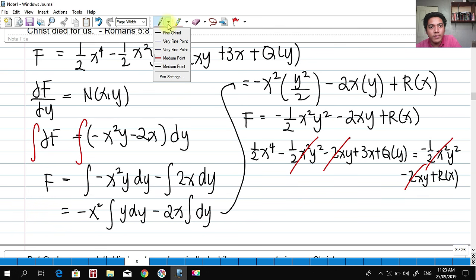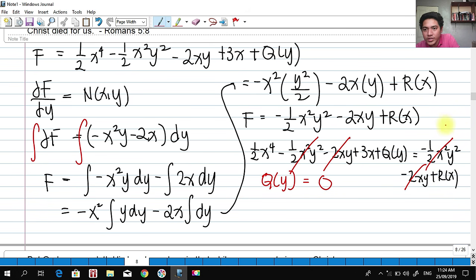So we shall determine what is the value of q of y. Okay? So q of y, as a function of y, on the other side of the equation, there is none. So that is 0, because there is no other term here that is purely in terms of y on the other side of the equation. That definitely is equal to 0.